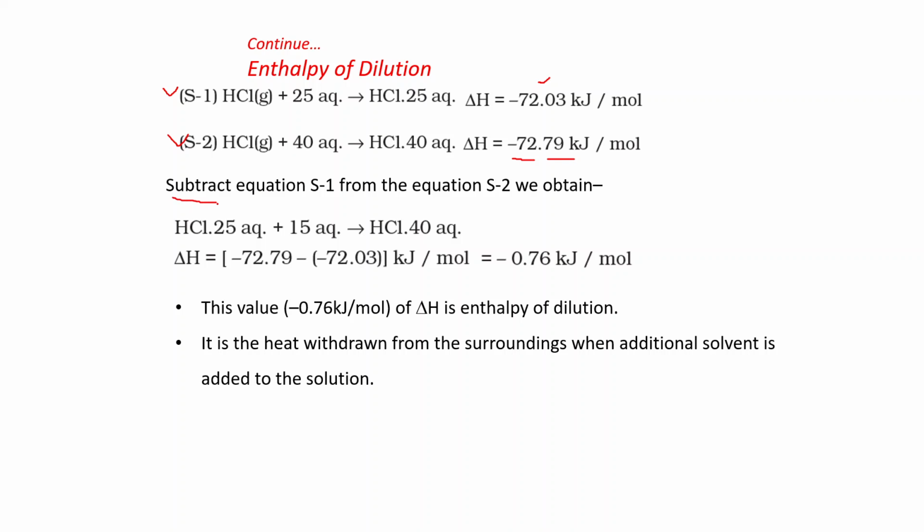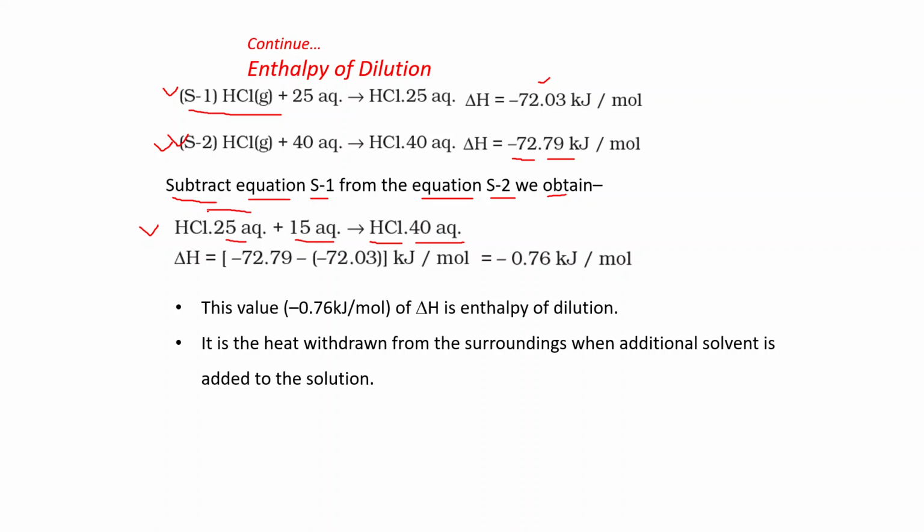Now subtract equation S1 from equation S2. Then we obtain this equation, that this is for S1, this is subtracted from this one. Then we will get HCl 25 aq plus 15 aq, and this will convert into HCl 40 aq. Now this represents that we have diluted this solution.